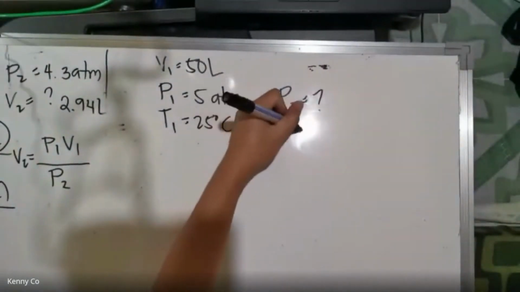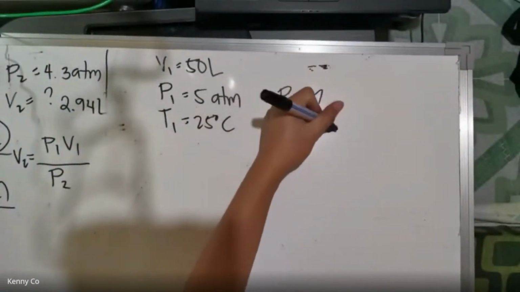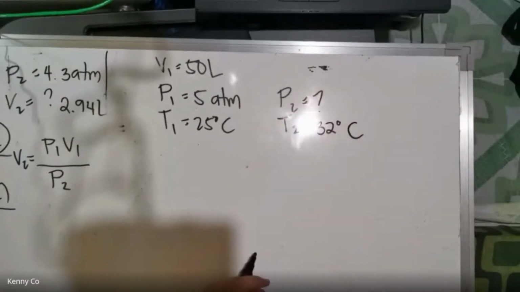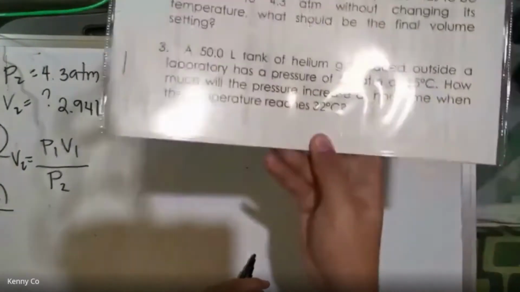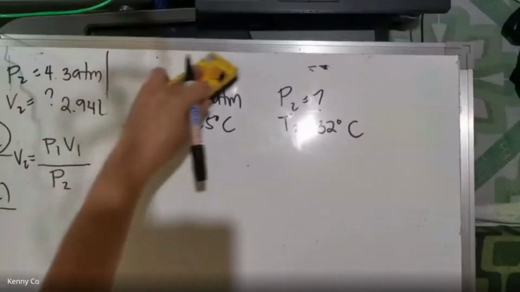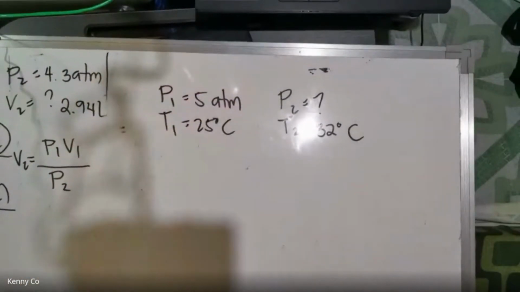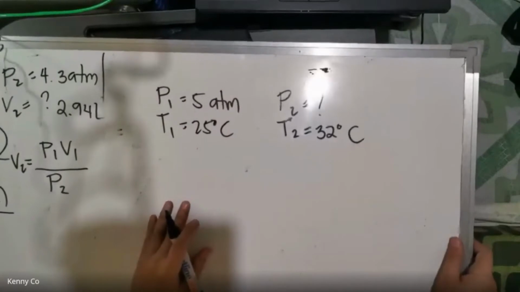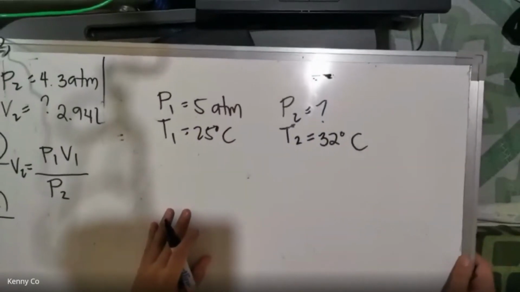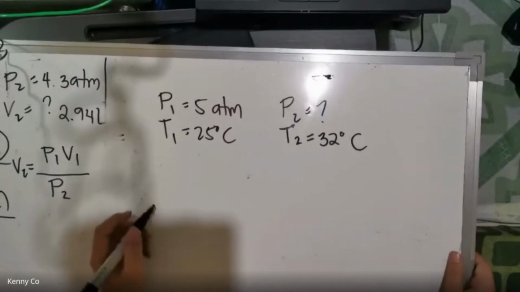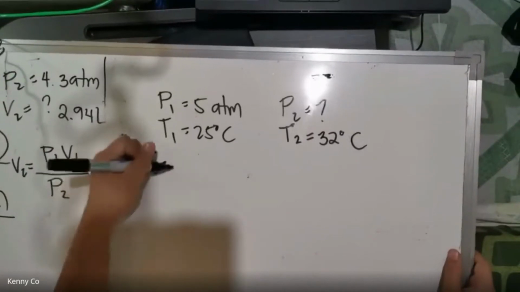So T2 is equal to 32 degrees Celsius. May sinabi ba sa question na nabago ang volume? Wala po. Volume is negligible in this case. So this one, it is the relationship between pressure and temperature. Okay? So this one is under Gay-Lussac's law.